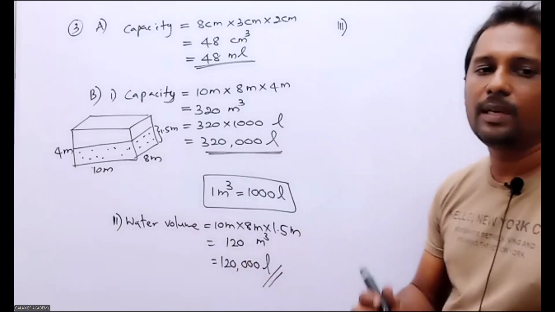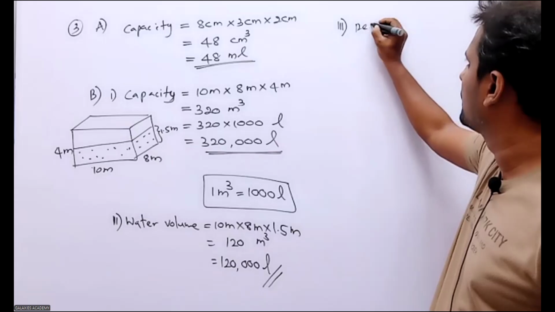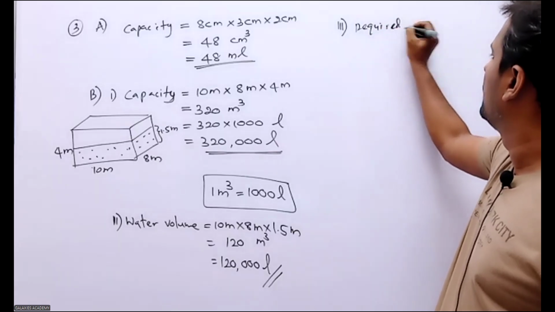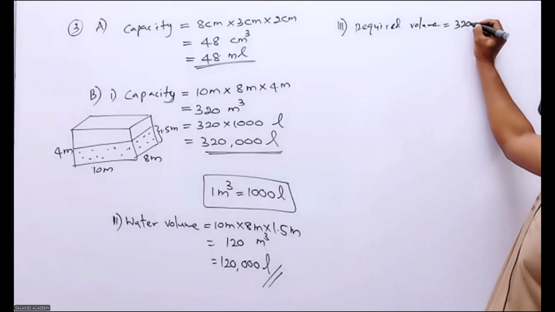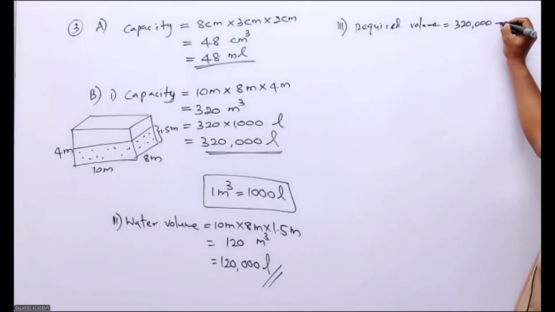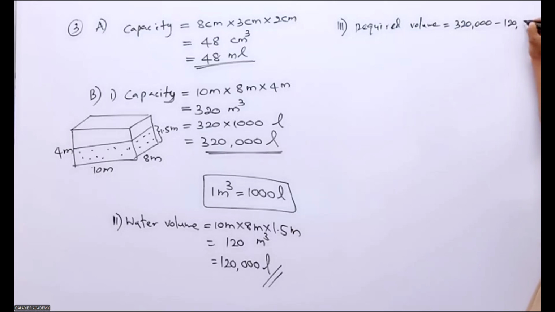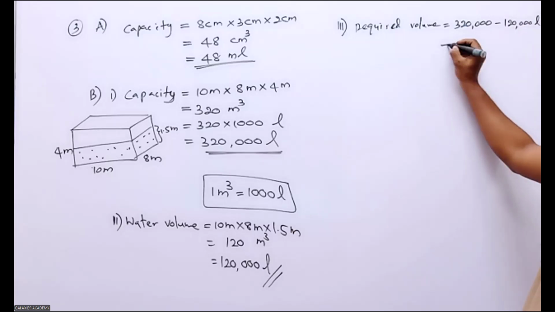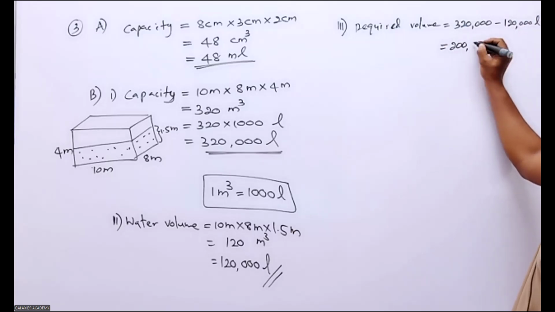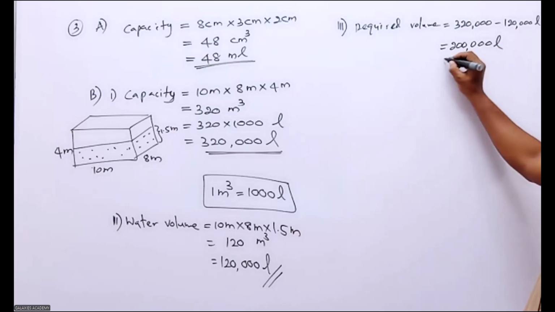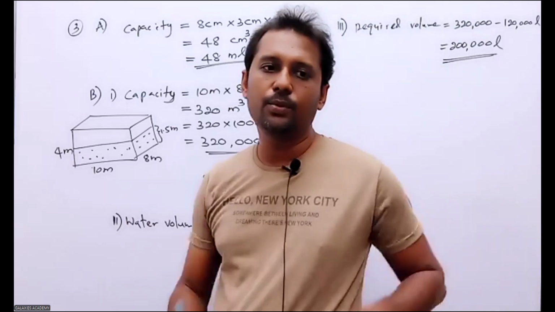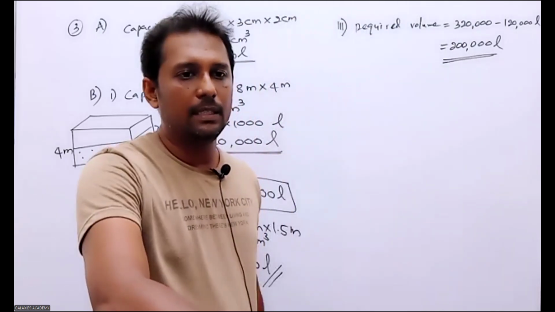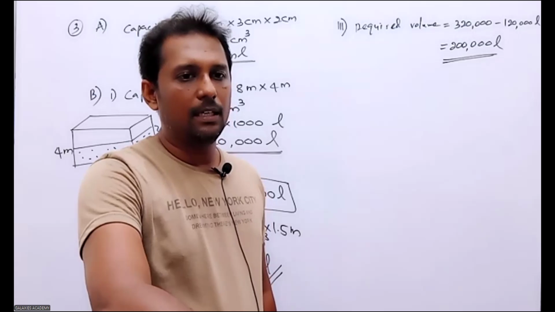So how many more liters are required? The required volume to fill is 320,000 subtract 120,000 liters. So how many more liters are needed? 200,000 liters, right? 200,000 liters. It is the third part.